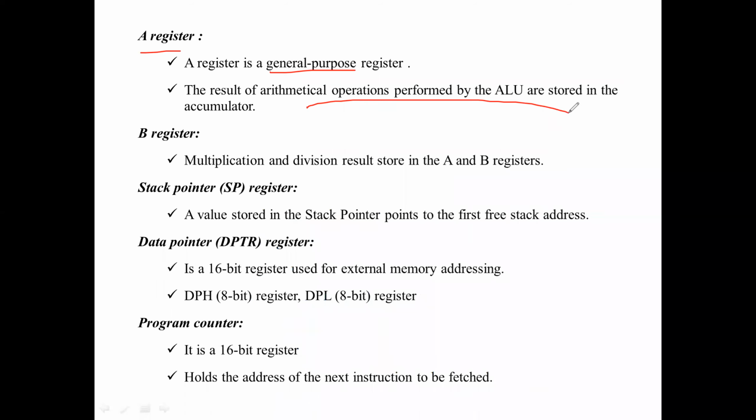After adding 2 numbers, automatically your answer will be loaded in the accumulator. The B register is also used in general purpose, but in multiplication and division this B register is used to store data. If you multiply two 8-bit numbers, the output is a 16-bit number, so 8 bits of the 16 bits are loaded into the B register, and the other 8 bits are loaded in the accumulator.